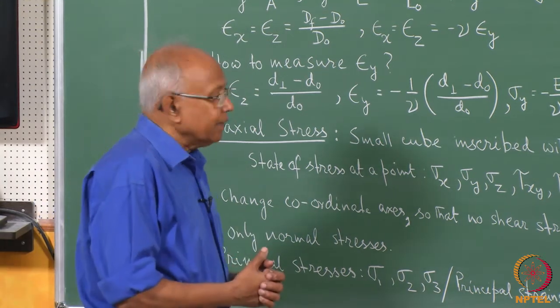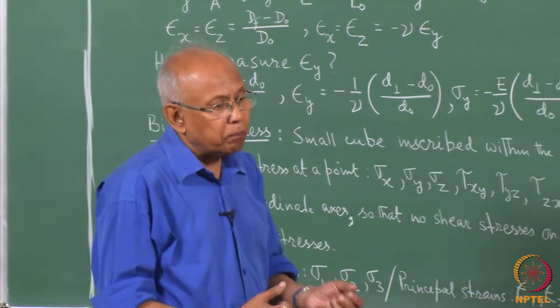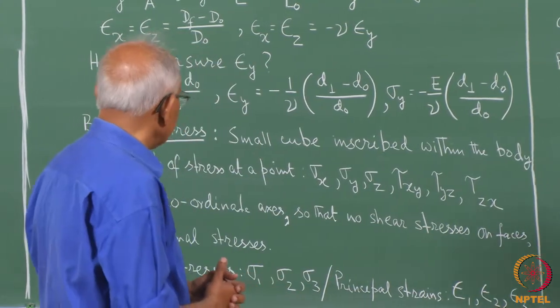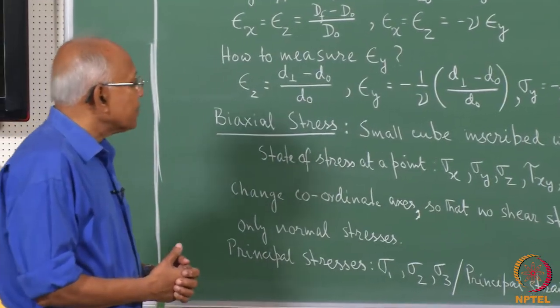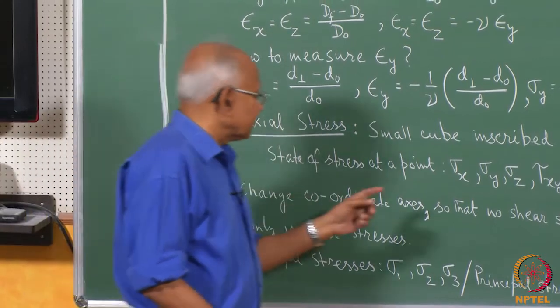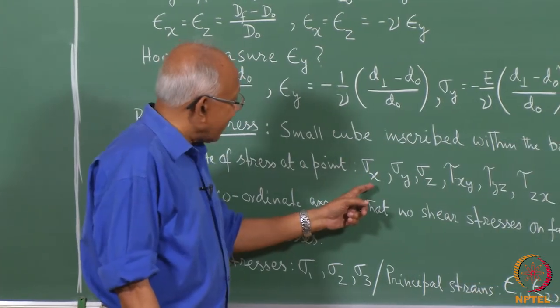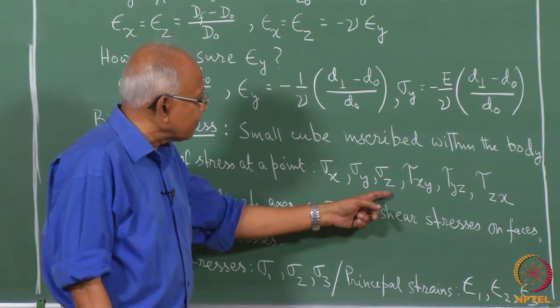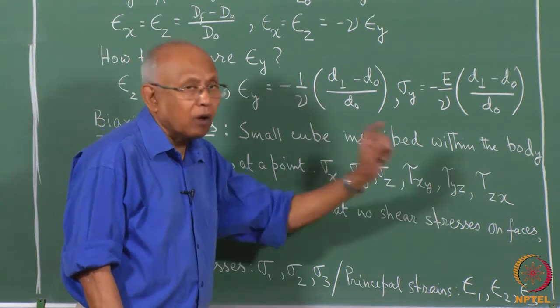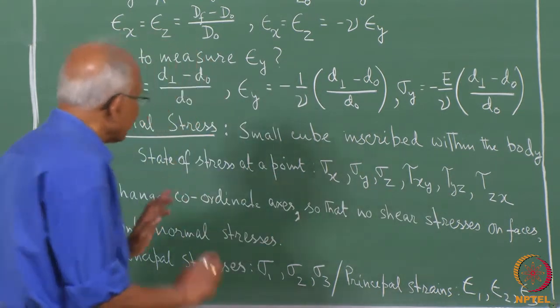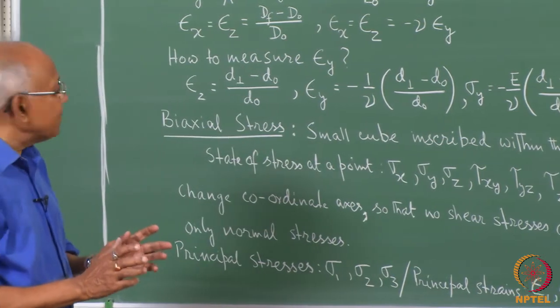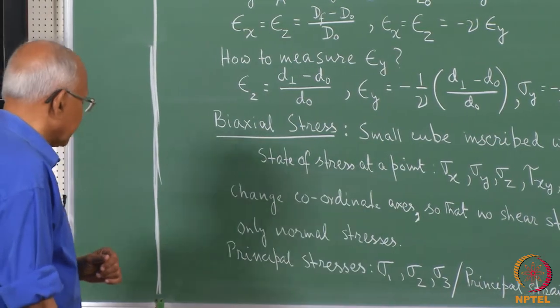As a result, the stress at a point within the material can be given by only 6 stresses. If we know the values of sigma x, sigma y, sigma z, tau xy, tau yz, tau zx, then the stress at a point will be completely described within the material.